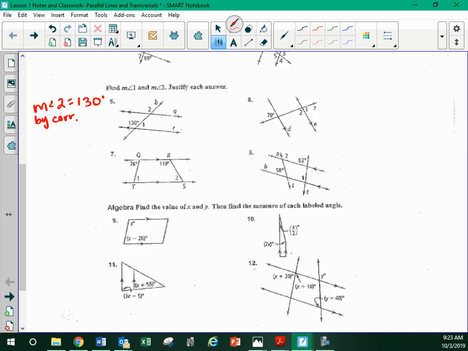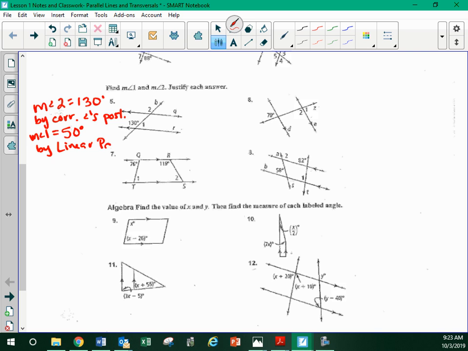Now, what's the measure of angle 1? 50, and how do we know that? They're supplementary. How do we know they're supplementary? Linear pair postulate.